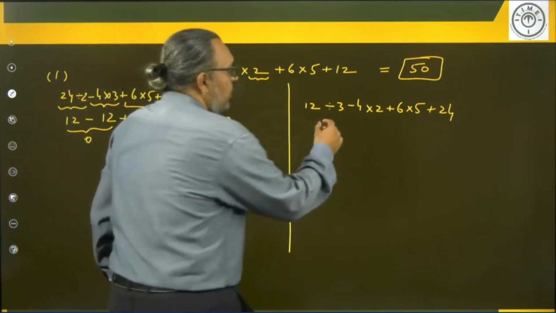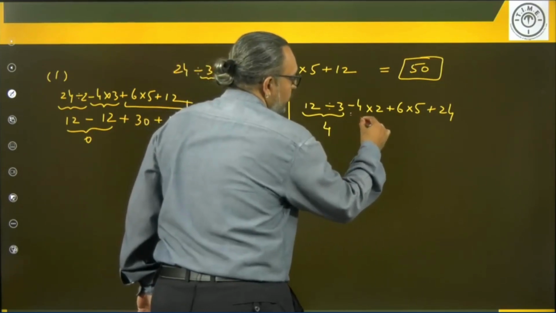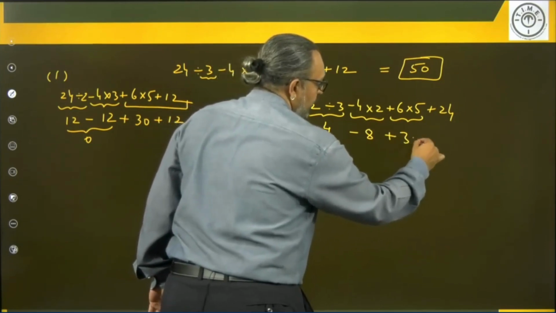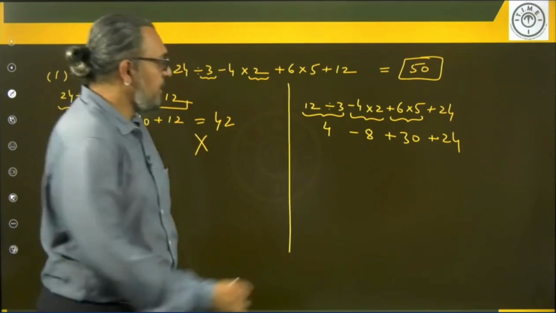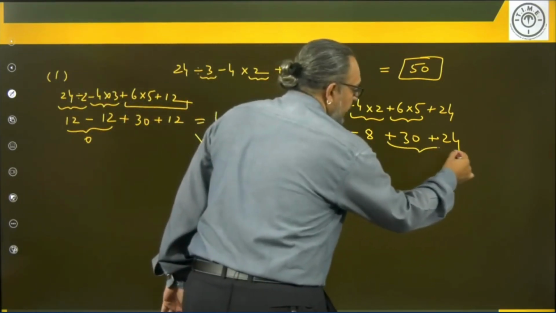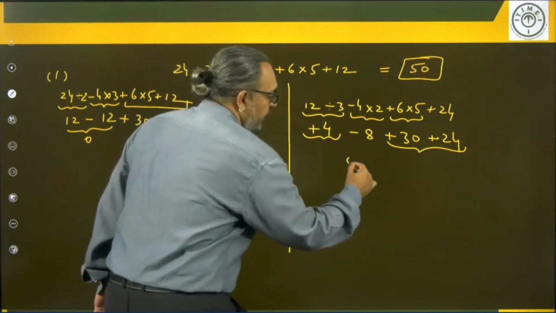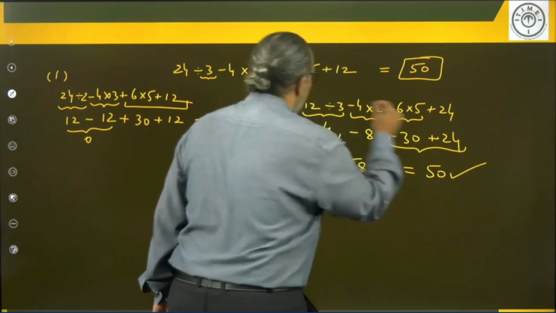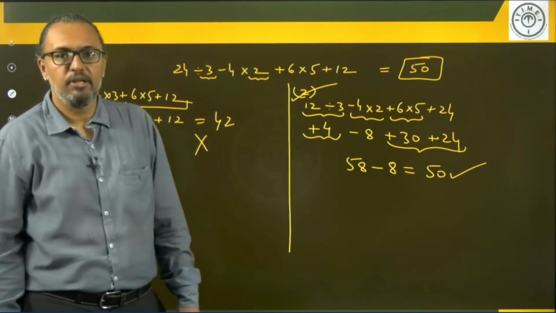Again division first, so this is 4, and then you take the multiplication: minus 8 plus 30 and plus 24. Plus 30 plus 24 and plus 4 gives you 58, and 58 minus 8 is how much? 50. Am I getting my answer? Yes. So choice 2 is what we choose as our answer.